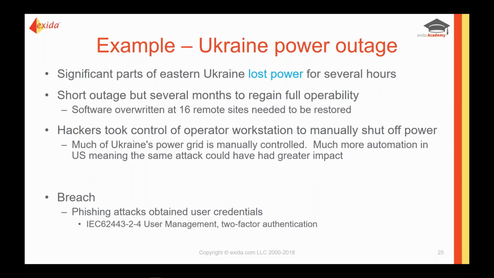So it's a matter of education, competency, and training on the part of the users, and setting up good multi-factor authentication for getting into the system. These are all things described as part of the foundational requirements, and also discussed in a little bit greater detail in the 2-4 portion of the standard.